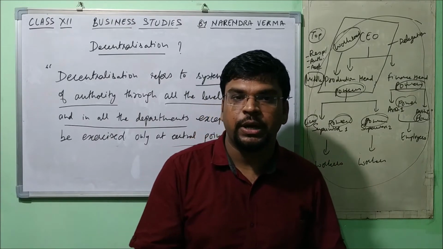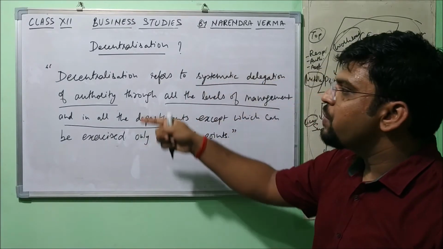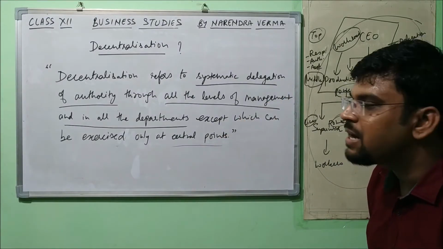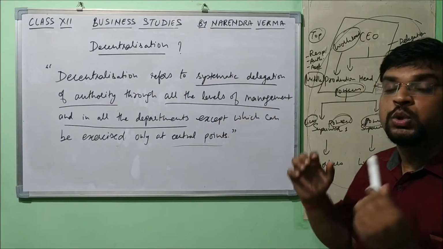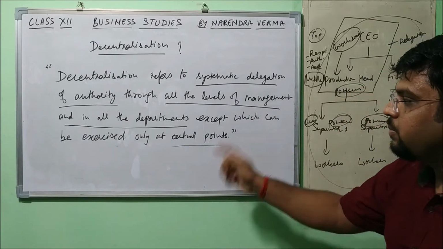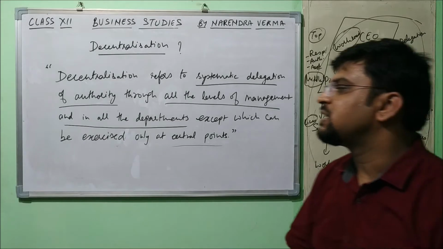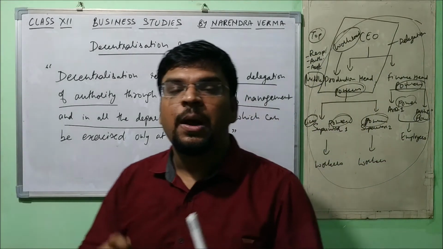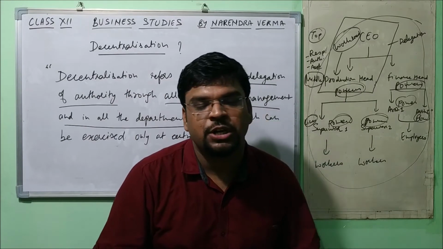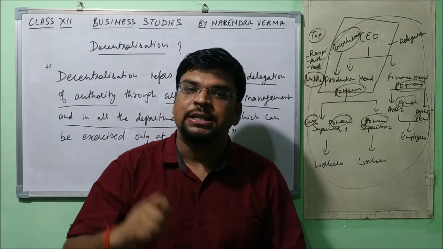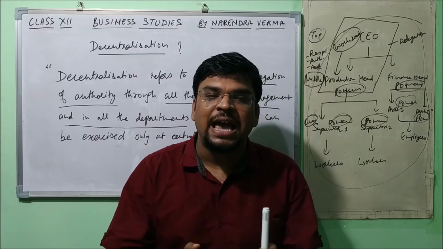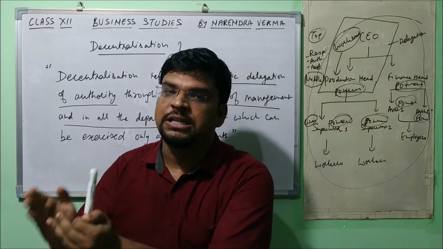Understood the point? So once again I read the definition of decentralization. Decentralization refers to systematic delegation of authority through all the levels of management and in all the departments except what can be exercised only at a central point. Already I had told you one piece of information about decentralization, that decentralization is needed most where the size of the organization increases.